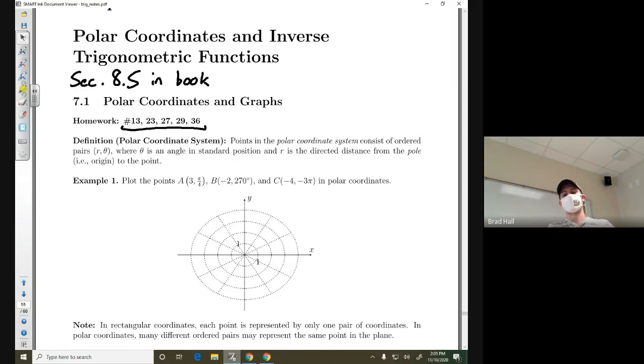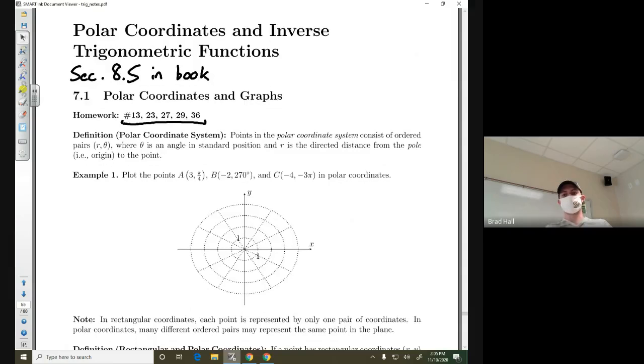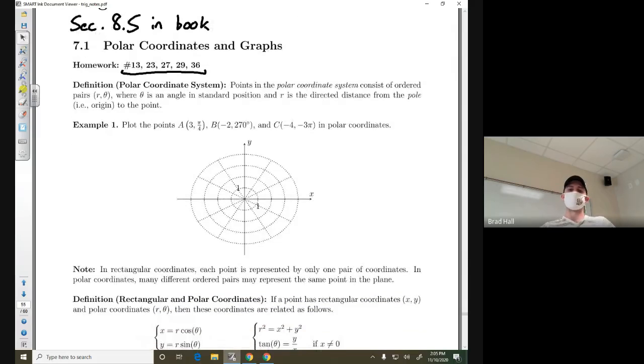And the way graphing works in polar coordinates, in fact, right here underneath example 1, we can see a typical polar coordinate graph. As you can see, it kind of looks like a target. If you were shooting a bow and arrow, it kind of looks like that. And there is some reasoning for the structure of all of this.